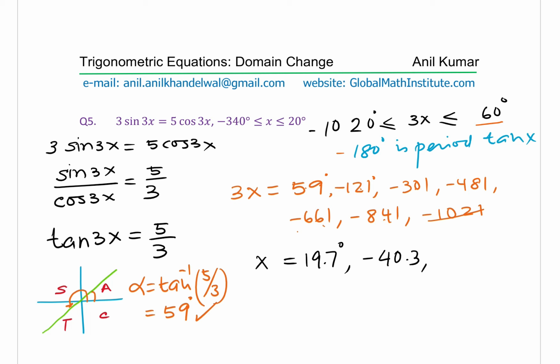Similarly, minus 301 divided by 3 will give us minus 100.3 degrees. Then minus 481 divided by 3. The next answer is minus 160.